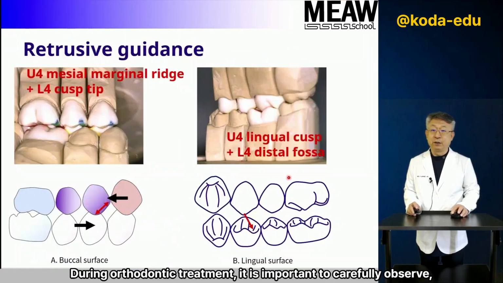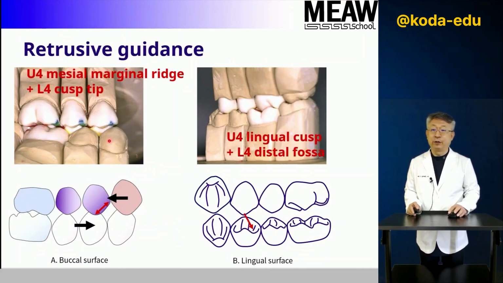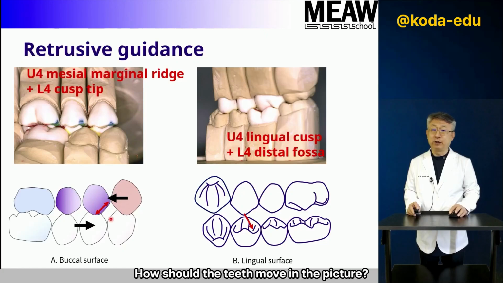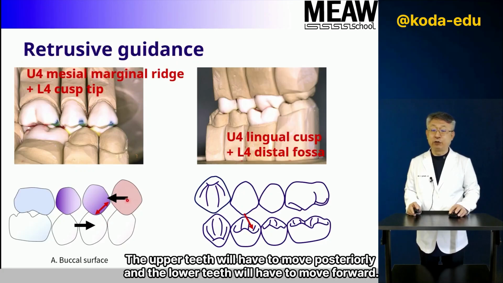During orthodontic treatment, it is important to carefully observe that the cusp tip of the lower first premolar should be positioned at the mesial marginal ridge of the upper first premolar. How should the teeth move in the picture? The upper teeth will have to move posteriorly, and the lower teeth will have to move forward.